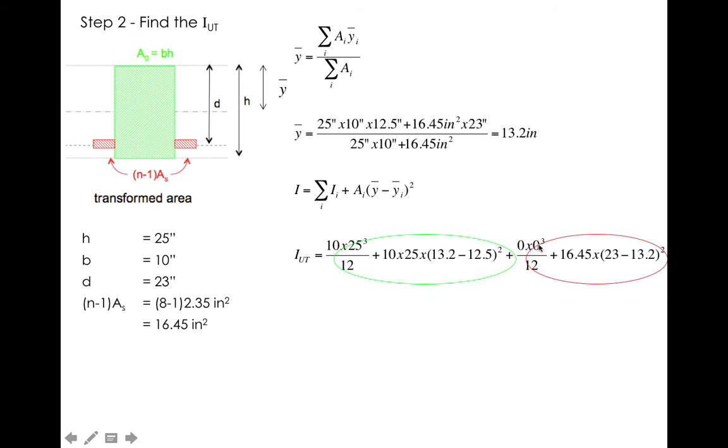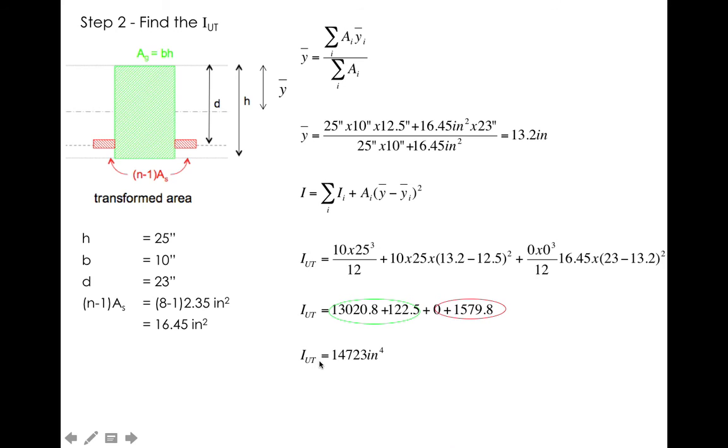For the red shape, I don't have any values for B and H because that red shape is fake and is really just there to stand in for the steel, but I do count its area times the distance between its centroid 23 and the overall centroid 13.2. You'll notice I flipped the Y bars in this formula. It doesn't make any difference because you square the answer, so it doesn't matter whether the distance is negative or positive. So I plug all my numbers in, I calculate the answer, and I have an I uncracked transformed of 14,723 inches to the power of 4.